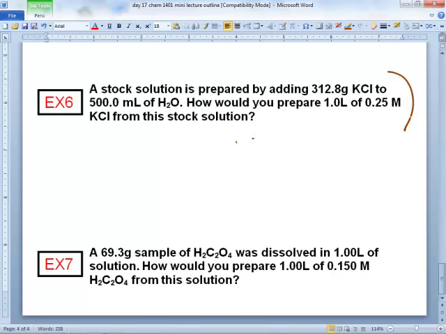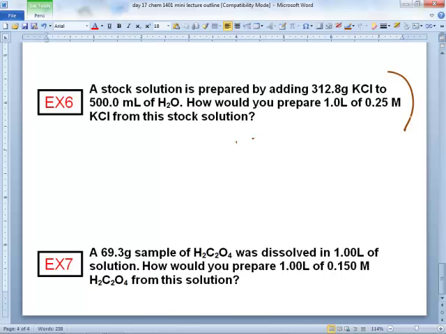So you should be using from that first sentence, you should be getting the concentration to be about 8.4, depending on your rounding, big M. And that's what you use for Mi for the second sentence. Right? So that's going to be your big M. That's your Mi. So then write the equation MiVi equals MfVf.